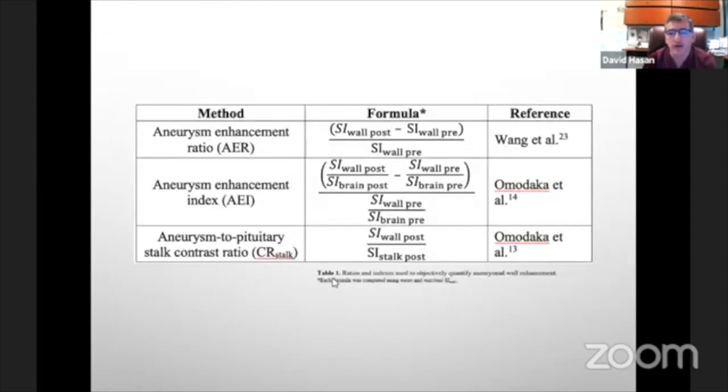So there are 3 ratios, 2 of them created by Omodaka, and all these ratios suggested the possibility of using them as an objective measurement of the aneurysm wall. The first one is the aneurysm enhancement ratio, then the aneurysm enhancement index, and last but not least is the pituitary stalk ratio, which we use.